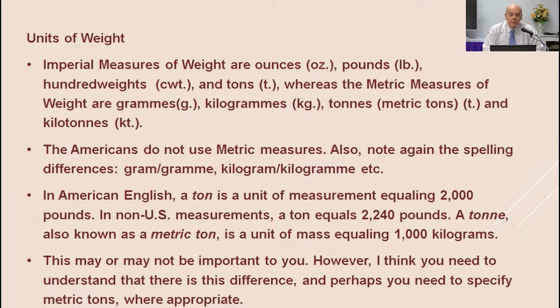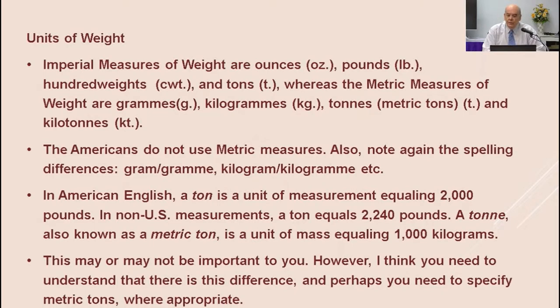For units of weight, imperial measures of weight are ounces, pounds, hundredweights and tonnes, whereas the metric measures of weight are grams, kilograms, tonnes, also known as metric tonnes, and kilotons. The Americans do not use metric measures.